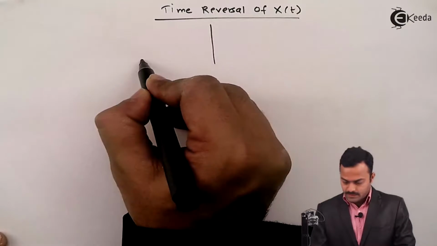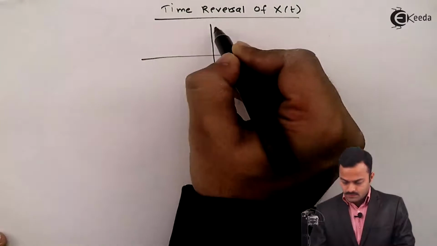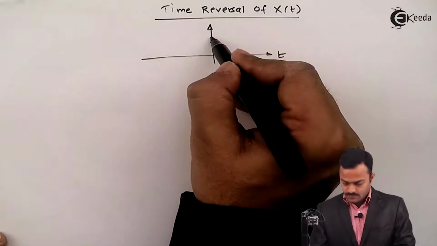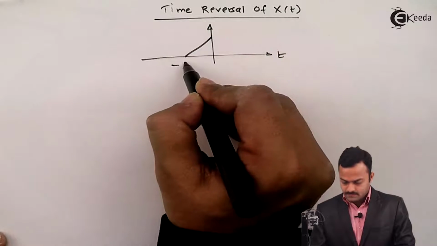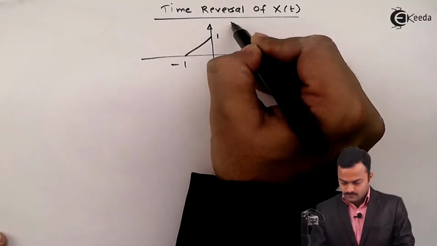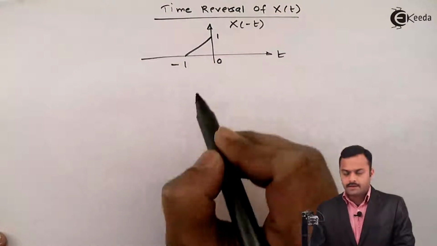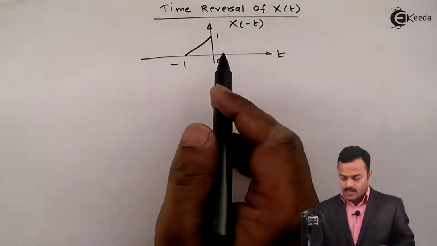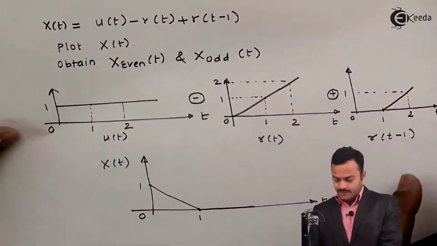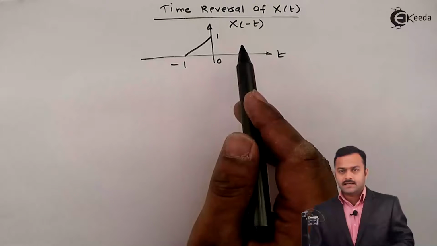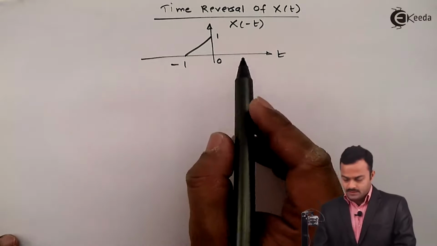We'll get x of minus t like this. And now to get the even part, we need to add x of t and x of minus t and divide by 2.